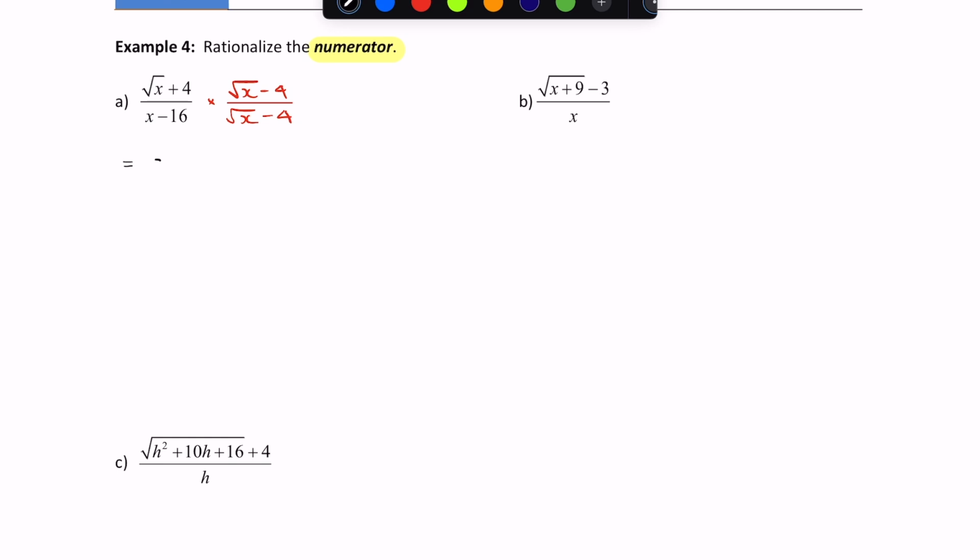So here we'll be left with x minus 16 over x minus 16 multiplied by square root x minus 4. And we see that here, the x minus 16 will cancel out. And so we'll be left with 1 over square root x minus 4.